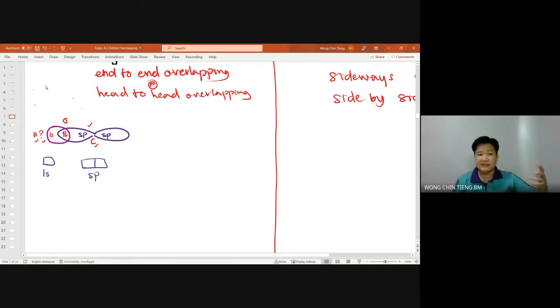Okay, every box has energy, 1S has its energy, 2S has its energy, right? And think logically, guys, you have your 1S and your SP. This question is easy. Who do you think has higher energy? 1S or SP? Anyone? Partner?